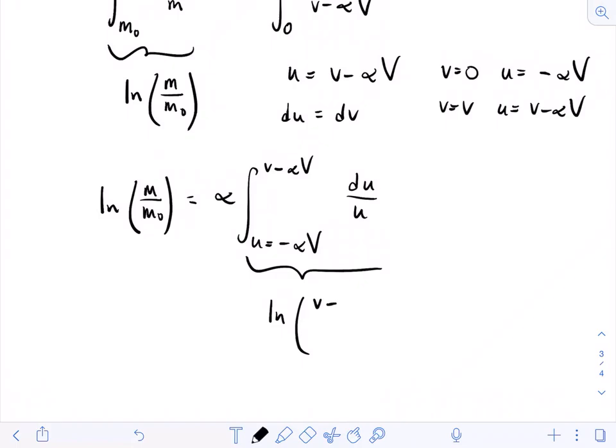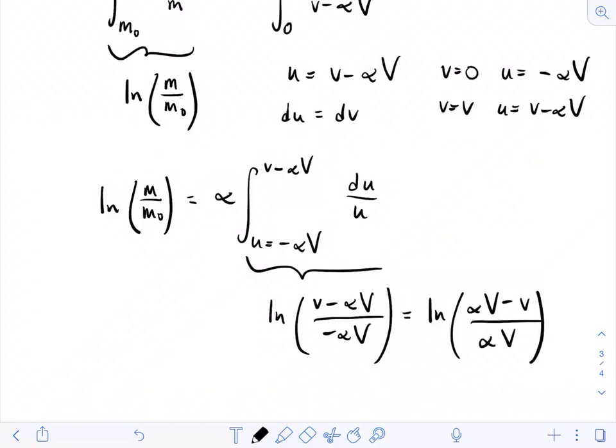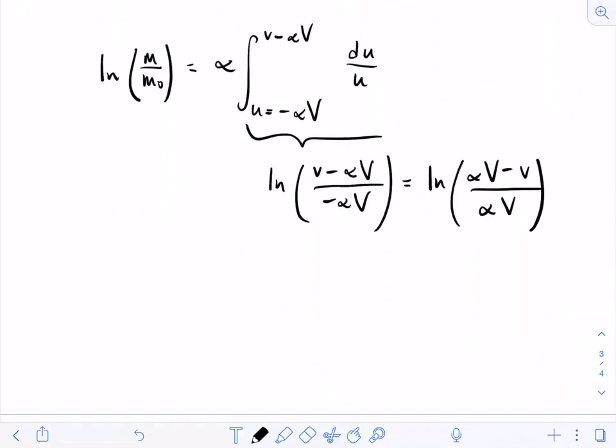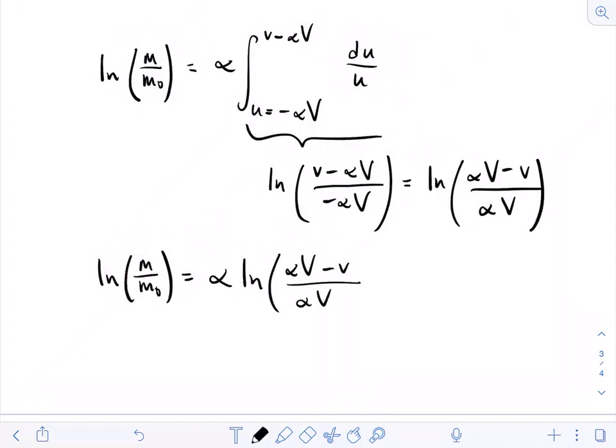If we combine those two, and multiply top and bottom of the argument of the ln by a negative sign, this would be alpha V minus v over alpha V. So what we have then is ln of m over m0 is equal to alpha times ln of (alpha V minus v) over alpha V.